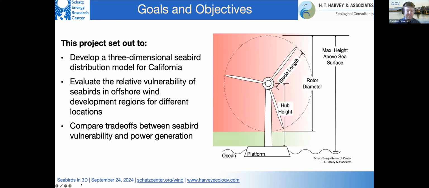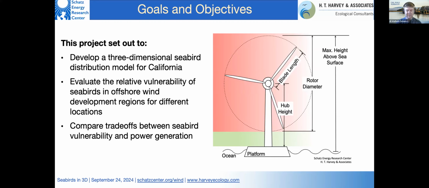So faced with these challenges, this project set out to develop a three-dimensional seabird distribution model for California, evaluate the relative vulnerability of seabirds in the offshore wind development regions for different locations, and compare trade-offs between seabird vulnerability and power generation. I'll just take a moment to highlight the figure on this slide, which shows a turbine with the rotor-swept heights highlighted in red and the heights below the rotor shown in green.